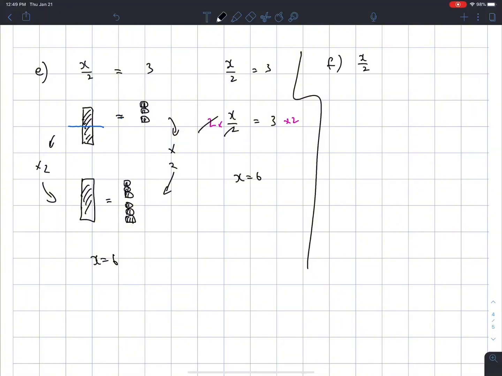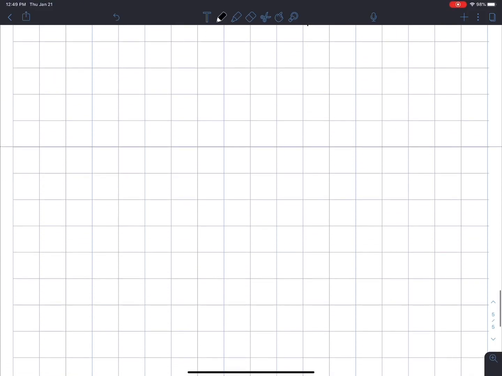F, x over 2 equals negative 3. So x over 2 equals negative 3. Then 1 entire x must equal negative 6. G, negative x over 2 equals positive 1.